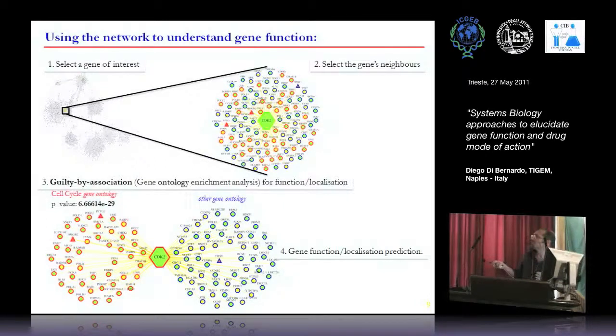So it's like you extract one gene from your network, you look at the genes with which it is connected, and then you can extrapolate the function of this gene with a classic approach that is called guilt by association. So you say, I don't know the function of this gene, but the majority of the neighbors of this gene, here I divided them in two groups, they're all neighbors of this gene, have to do something with the cell cycle. So I predict that my gene maybe is involved in cell cycle.